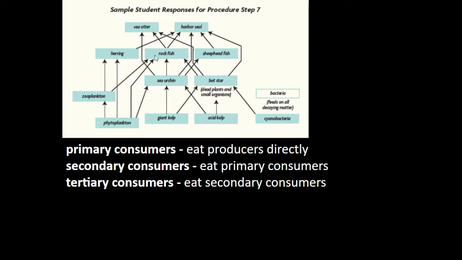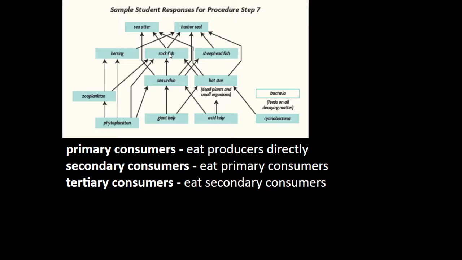Secondary consumers, like this row here, are things that are going to eat the primary consumers. That's how they get their energy. And then tertiary consumers are those that are up towards the top. Interestingly, you can find some that would be a primary consumer or a secondary consumer.